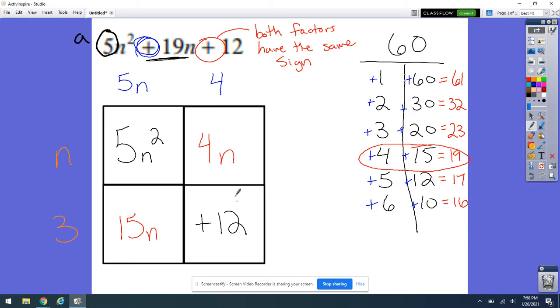What you're going to be left with, since they don't both have n's, is only this one, and I can't take out an n. So our final factored form using the box method is like this. I have n and a positive 3, and 5n and a positive 4. Okay.